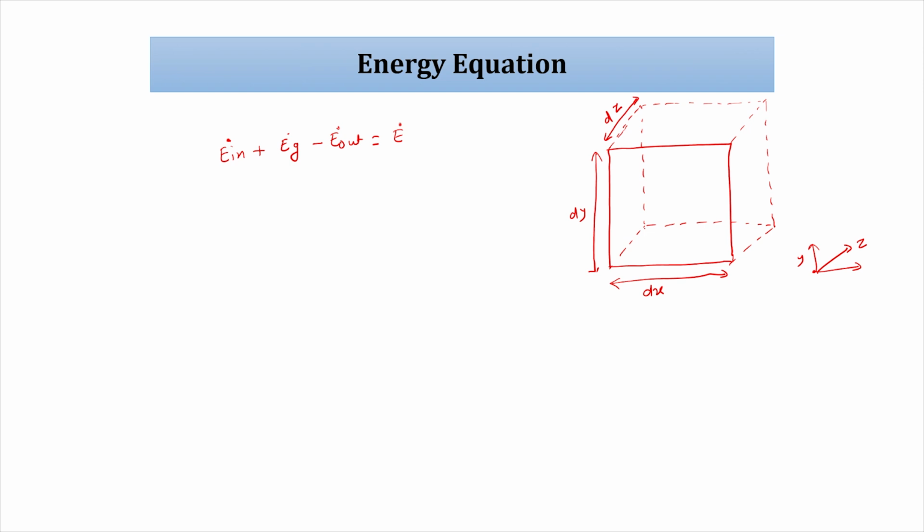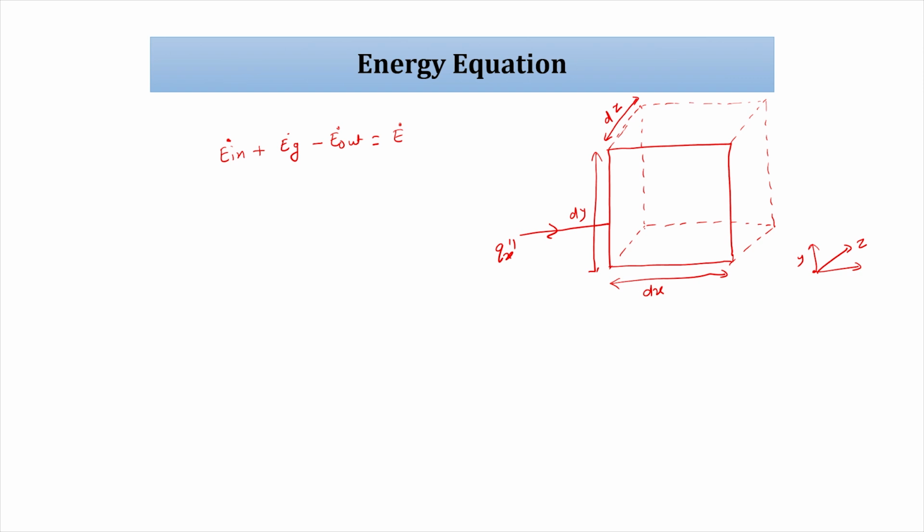So, we have to write what is happening. There are two modes of heat transfer that can happen, but we are writing about conduction only. Heat conduction in the x direction is written as q x double dash, the heat flux in x direction.